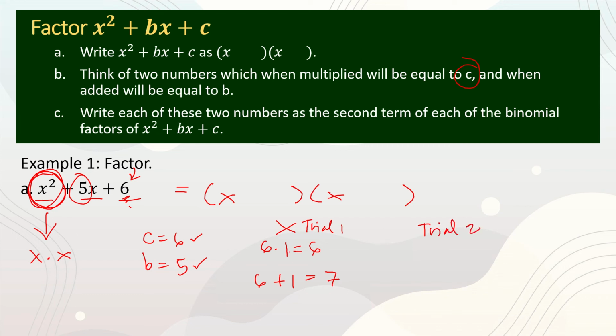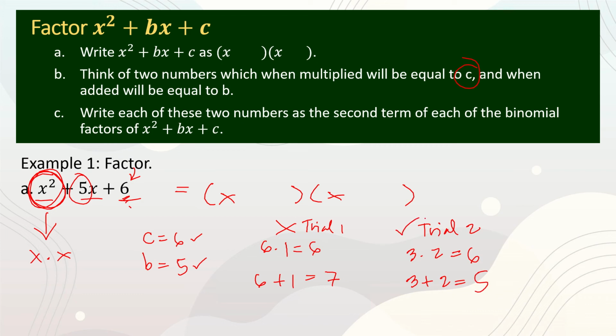Okay. Think of another factor of 6. So, dalawang number which when you multiply it, it will result to 6. So pwedeng 3 times 2. Because 3 times 2 is 6. Then you check whether when you add it, it will result to 5. The B in our given. So 3 plus 2 is 5. So there you go.